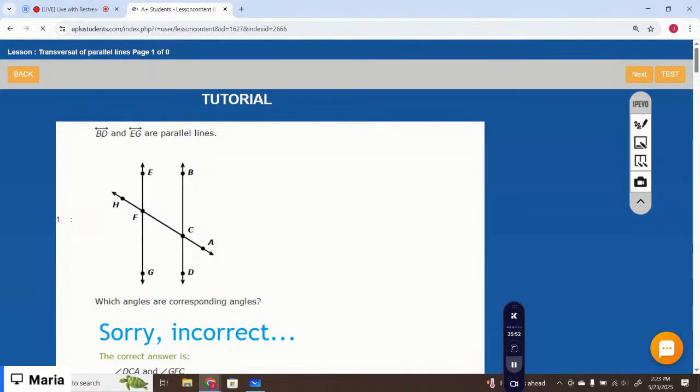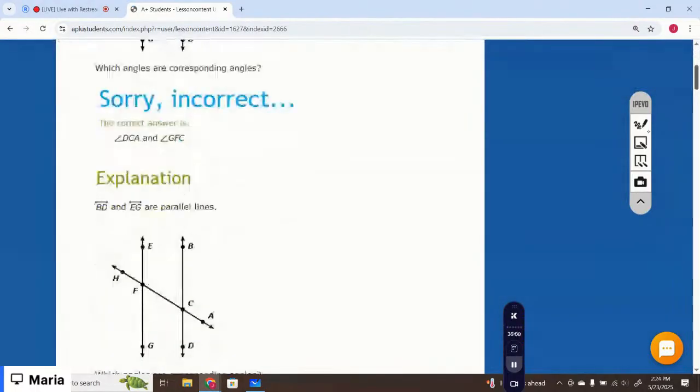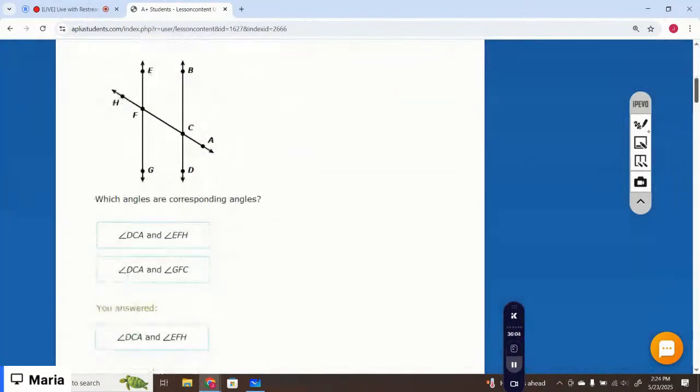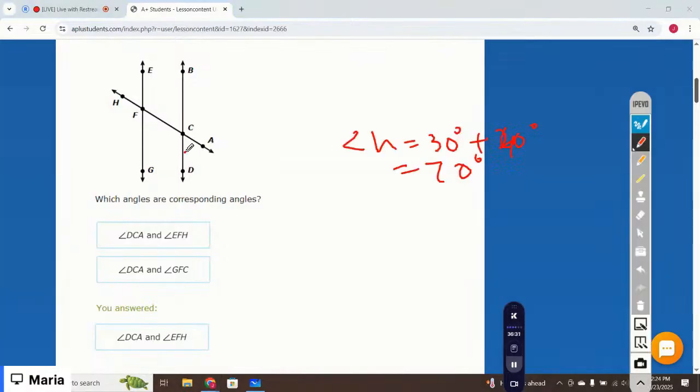BD and FG are parallel lines. Which angles are corresponding angles? The corresponding angles are angle DCA and angle EFH.